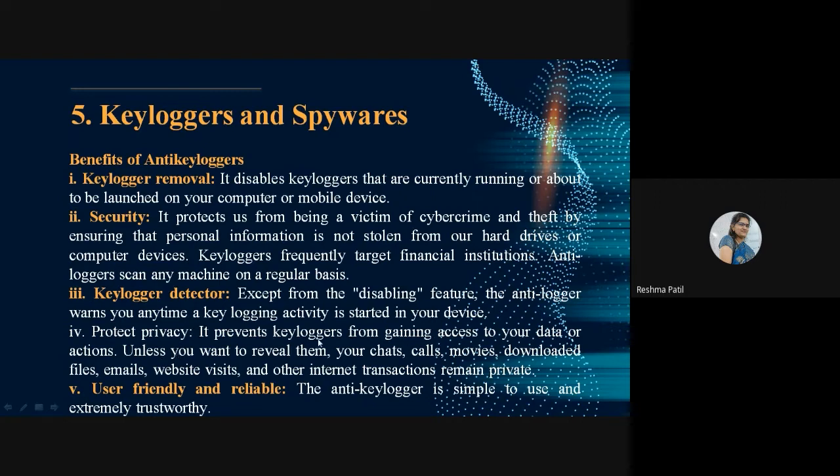It prevents keylogger from gaining access to your data or actions unless you want to reveal them. It will give an alert to you that a keylogger is installed. If it is your software and you want to continue, you can continue. If you don't want to continue, remove this software, or automatically it will be removed from the system. So unless you reveal it, your information will not leak.